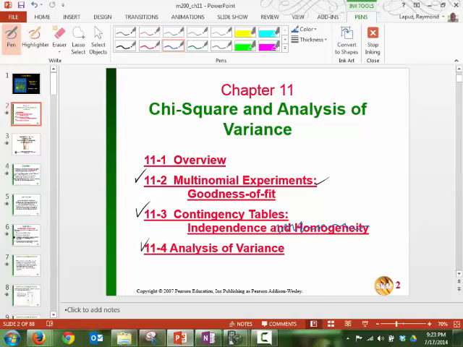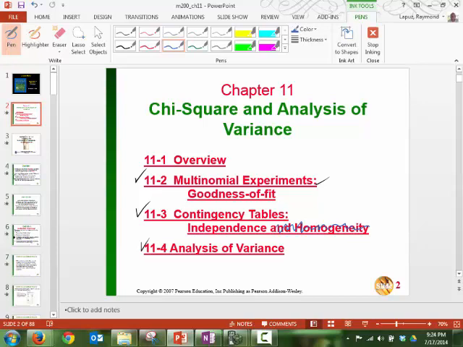Then you make your conclusion, which is either reject the null hypothesis or fail to reject the null hypothesis. And then you write your statement in non-technical terms. The non-technical terms shouldn't be addressing means and standard deviations and stuff like that. It should be written according to how the problem was originally stated.